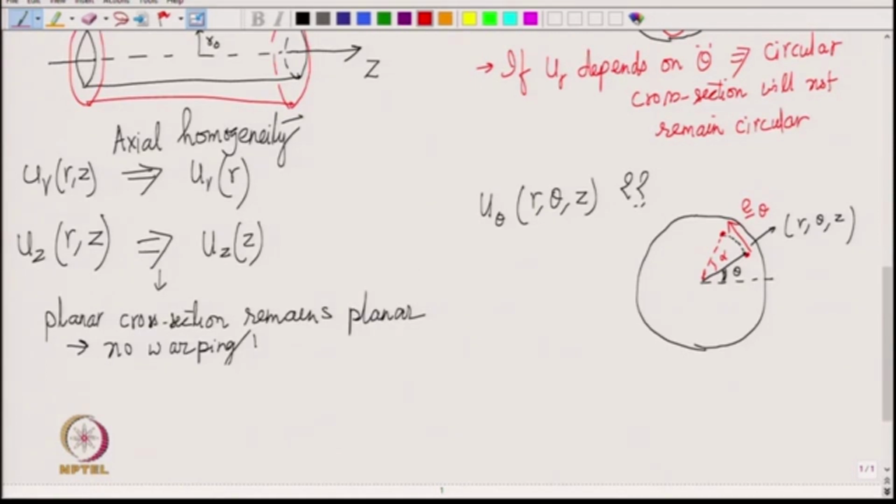And how much is the length of the arc? That is simply alpha times r, is not it? So, what will be u theta then? That is alpha times r, is not it? So, u theta actually is alpha into the radius if alpha is very small.